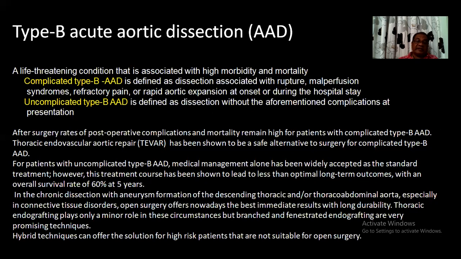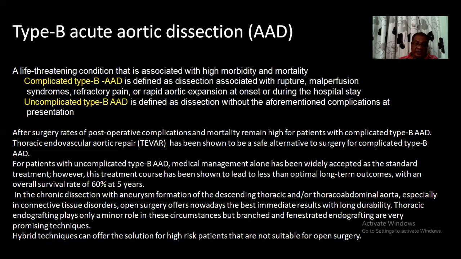In the chronic dissection with aneurysm formation of the descending thoracic and the thoracoabdominal aorta, especially in connective tissue disorder, open surgery offers nowadays the best immediate result with long-term durability. Thoracic endografting plays only a minor role.